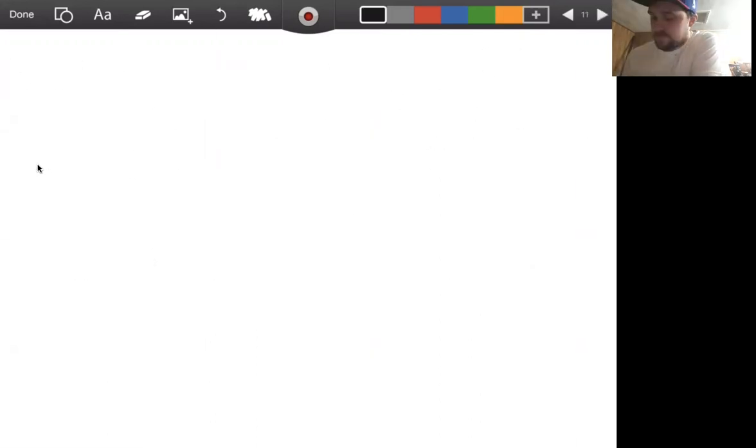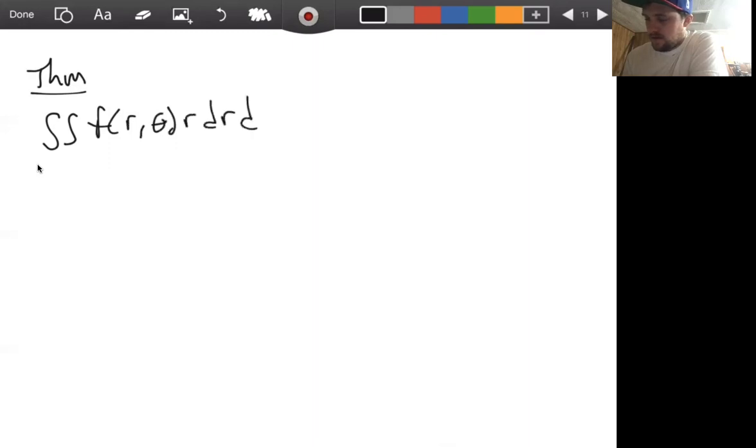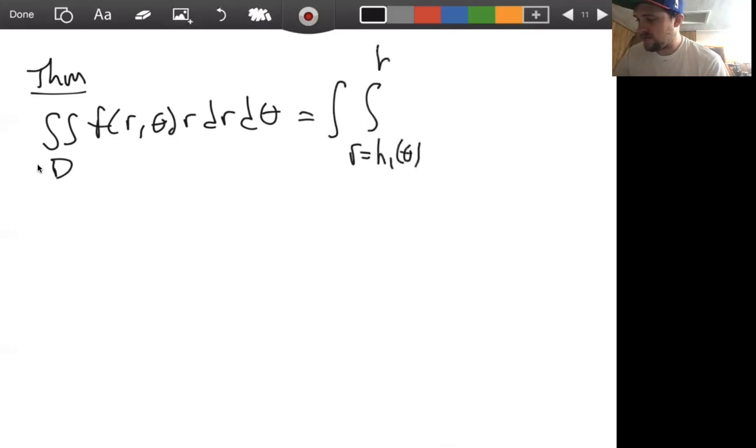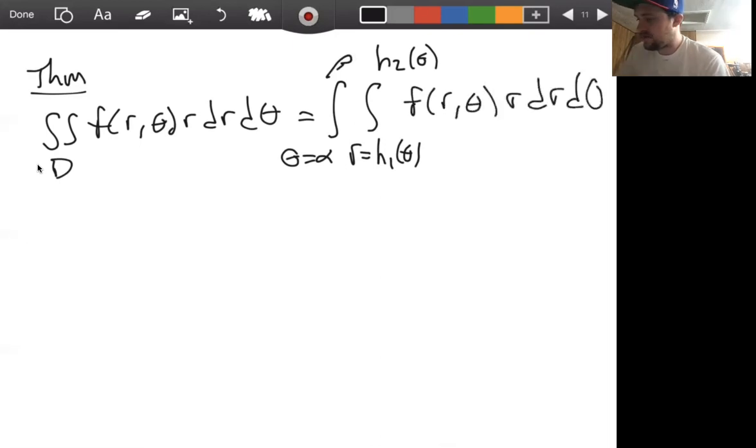We have a theorem here that the double integral of f of r theta, like r dr d theta, over some general region D is the same as the iterated integral where r goes from h1 of theta to h2 of theta, and then theta goes from alpha to beta of f of r theta r dr d theta.